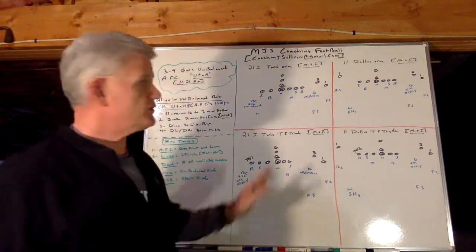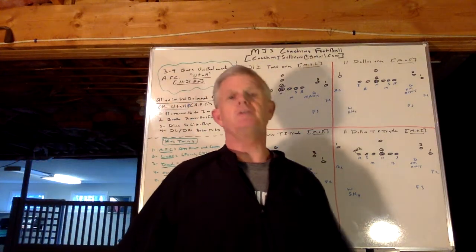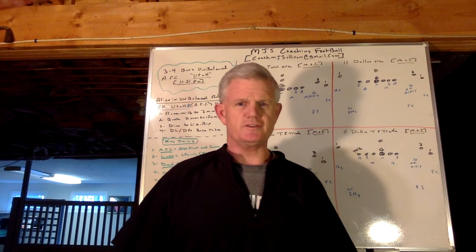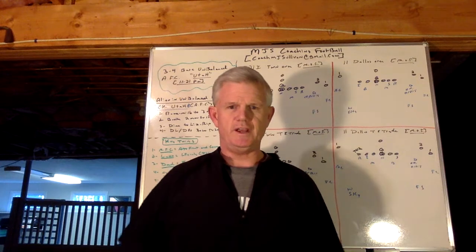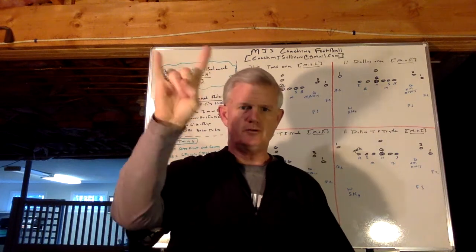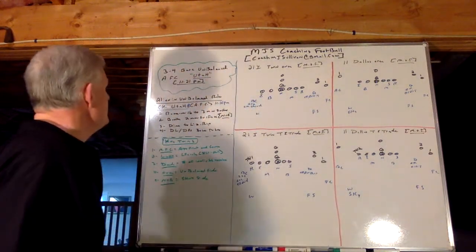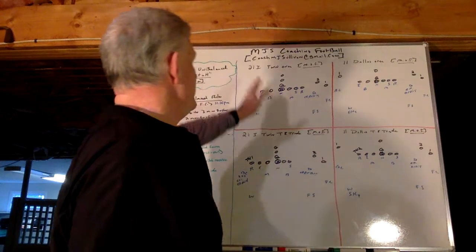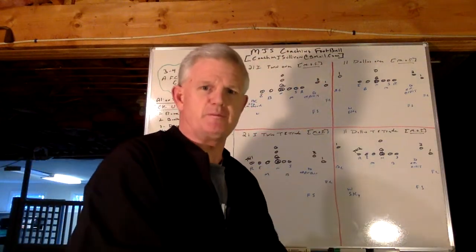Today I'm going to focus on the two personnel groupings we typically see the most in your average down and distance situation: 11, one back, one tight end, and 21, two backs, one tight end. What I have on the top on each side is when they come out and line up in the unbalanced.